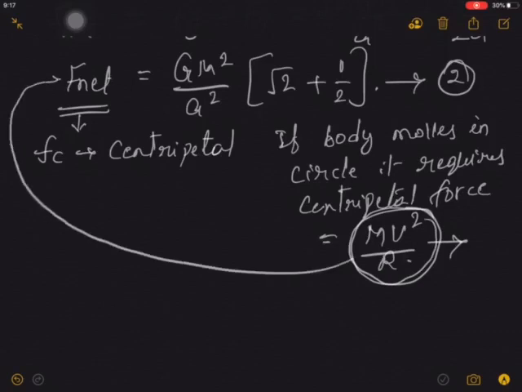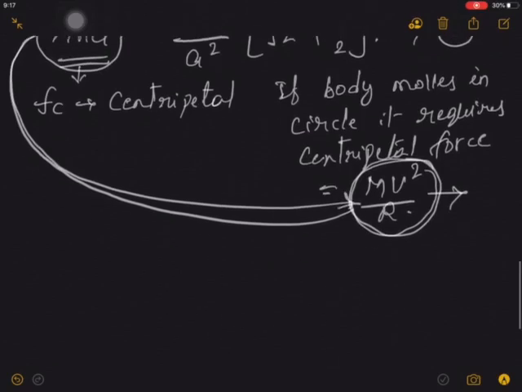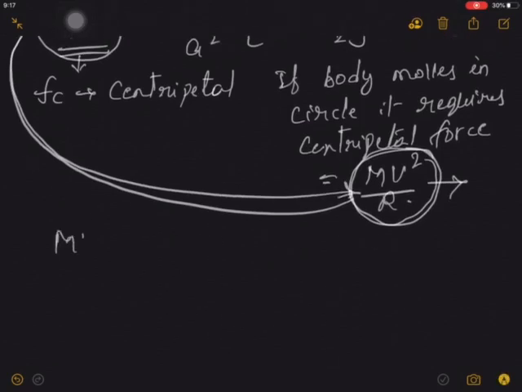So this mv square will be provided by this F net. This F net is providing the necessary centripetal force.